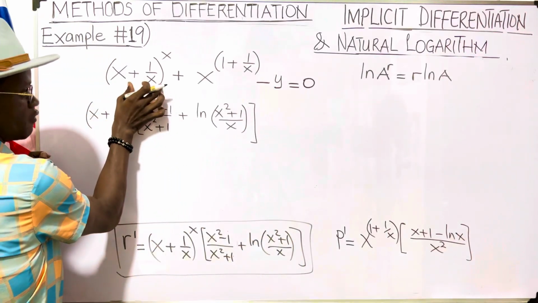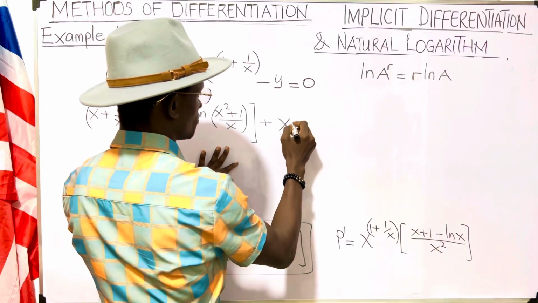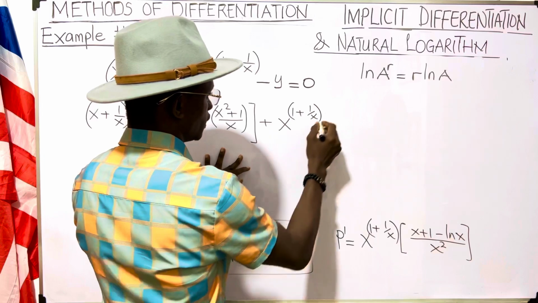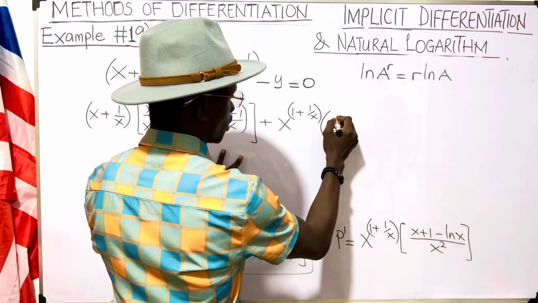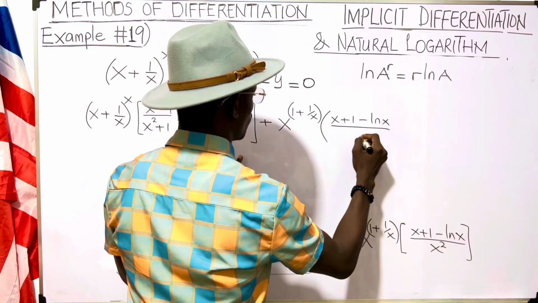So this is the derivative of the first one, plus the derivative of this second term now is x raised to the power 1 plus 1 over x times x plus 1 minus the ln of x all over x squared.